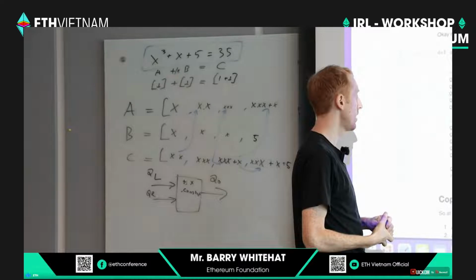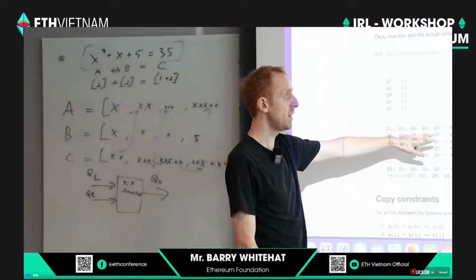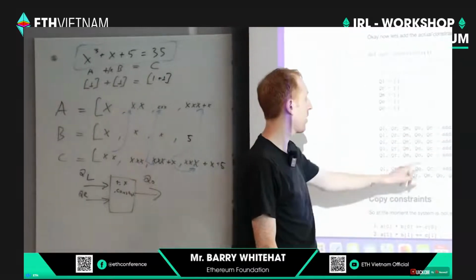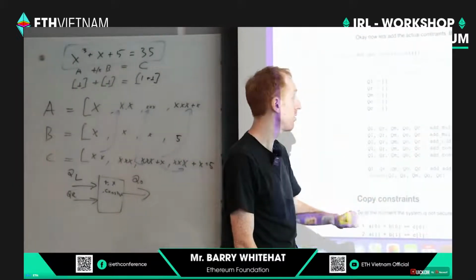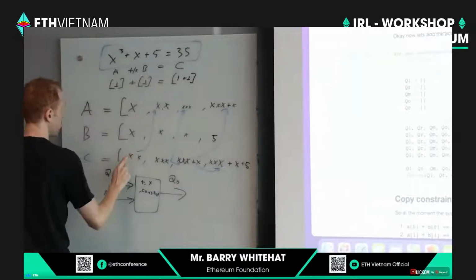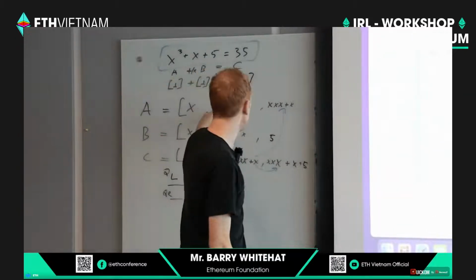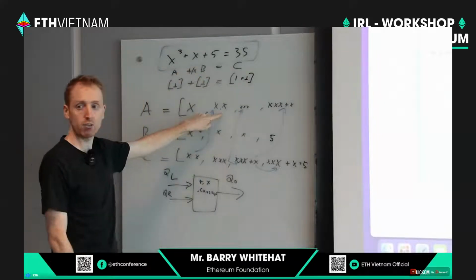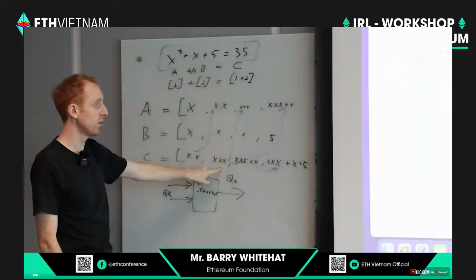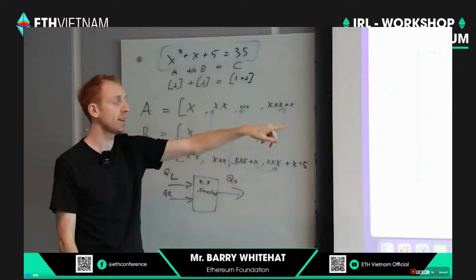So we're basically taking A0, B0, C0, and we're saying, okay, that has to be a multiplication, because that's what we're doing here. Then we're taking the second set. That has to be a multiplication too. That's x squared plus x equals x cubed. Then we're saying, okay, we need to add a constant.